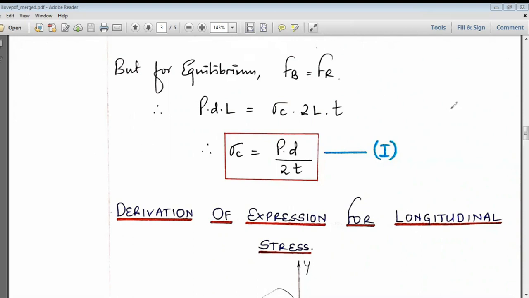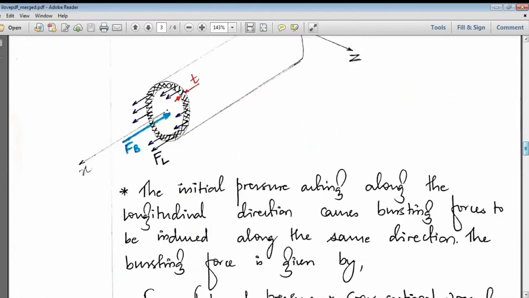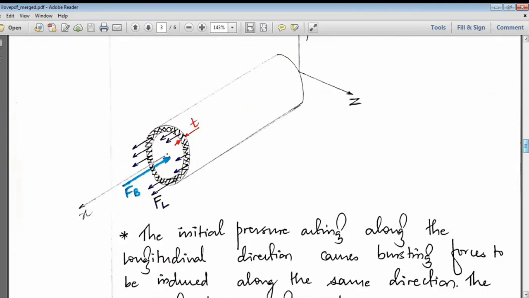Now similarly, we'll be going for the derivation of longitudinal stress. You can just check it here. FB is the force which is causing the bursting. In this particular case, I am taking the section like this, at this particular point.